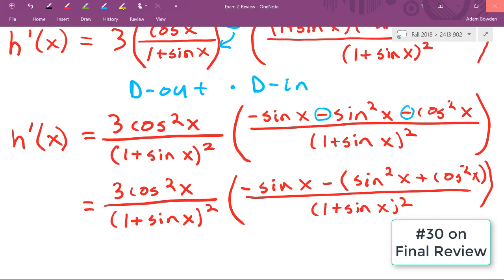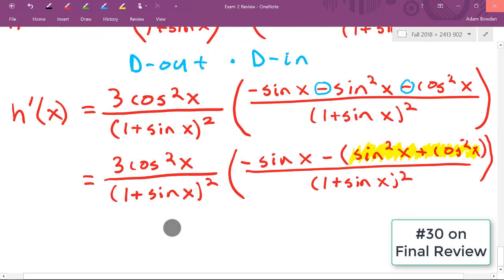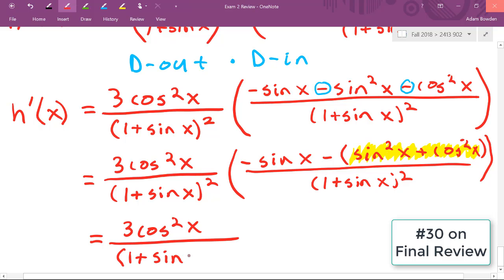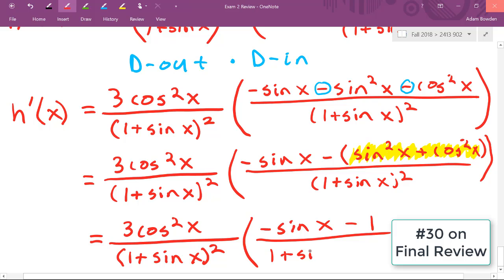Okay, now one cool thing about doing this is notice that we have sine squared x plus cosine squared x. We know from our identities that that's just a 1, so that's going to simplify things here nicely. We're going to have 3 cosine squared x out in front, all over that denominator, and then up here on top we're going to change that to a 1, so that's going to be negative sine x minus 1 all over 1 plus sine x all squared.